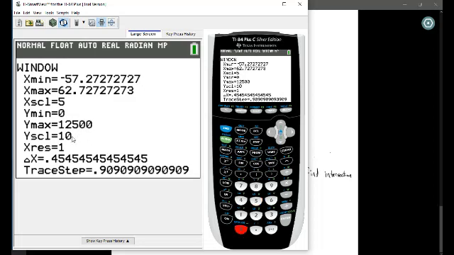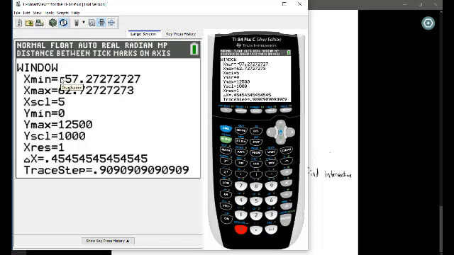And then divide that by 10, and you get 1,250. Dividing it by 10, since it goes from 0 to this number, would give us 10 tick marks on the axis. So change your scale to 1,000 is reasonable. We'll get about 12.